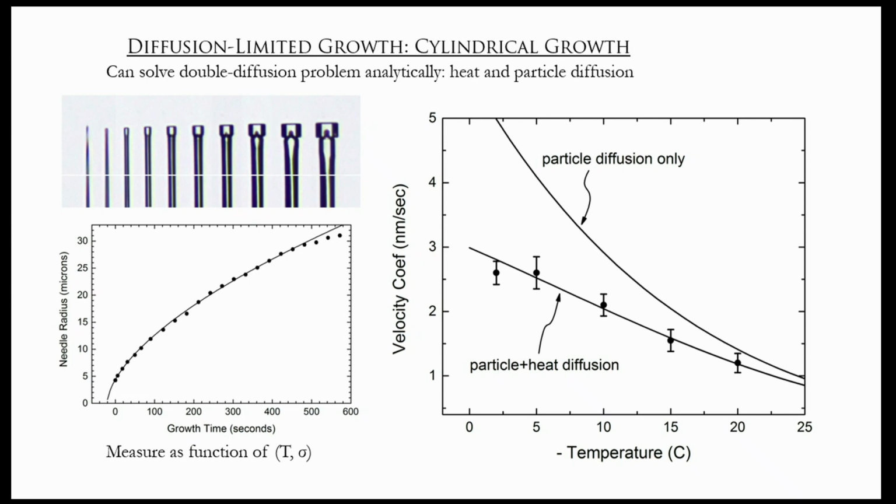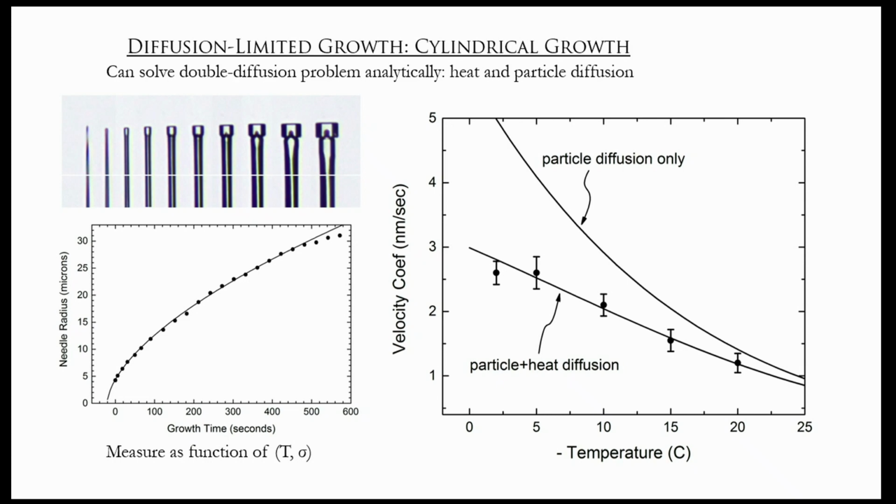And so we just fit a line through that. And then we can say, well, what is the velocity when the radius is 5 microns, just by looking at it here. So that gives us now a fixed radius. And then we can do this as a function of temperature and supersaturation.